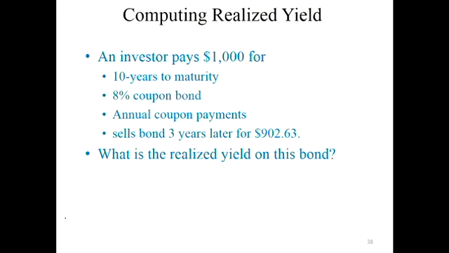And what about the payment? 80. Okay, so that's the coupon payment to us. Now, the calculator will take care of the fact that there are 3 of those because we put 3 in the periods. And what about the future value? Yeah. Although you got a total value of $982, one of those is a payment, and so the future value is $902.63, and we'll put that in.